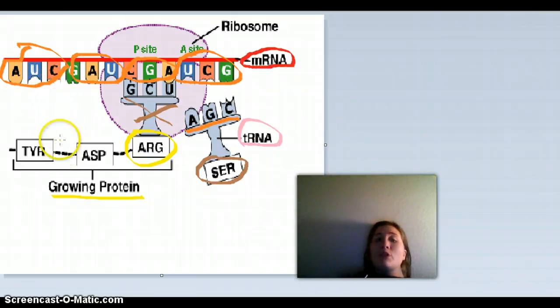What connects these amino groups are called peptide bonds. Peptide bonds are made out of the amino group and a carboxyl group.